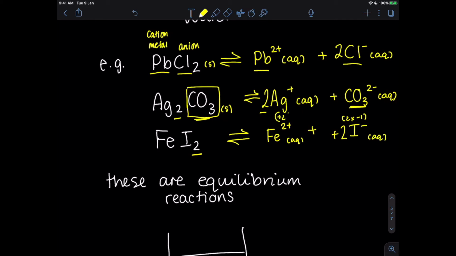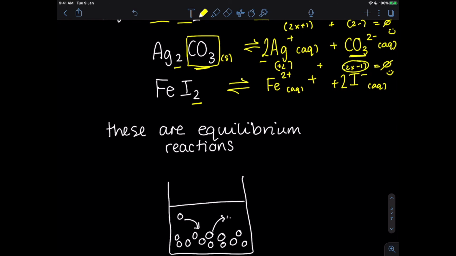So it's +2 plus -1 gives us 0. So that's a happy thing. Here, 2+ -1 times 2 equals 0. And then here, 2 times +1, add 2- gives us 0. Happy. So we always want everything to balance.